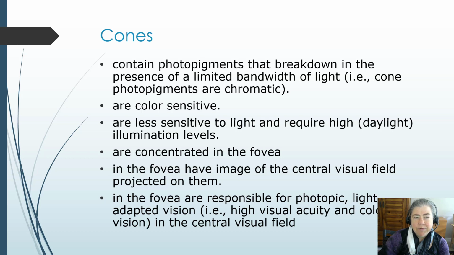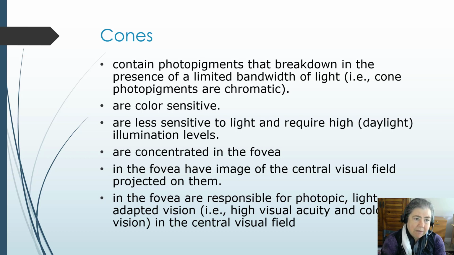And also peripheral vision. The cones, there are different types of cones that have slightly different photopigments, each of which breaks down to a limited bandwidth of light. And that means that the photopigments in the cones are color sensitive. They are somewhat less sensitive to light.